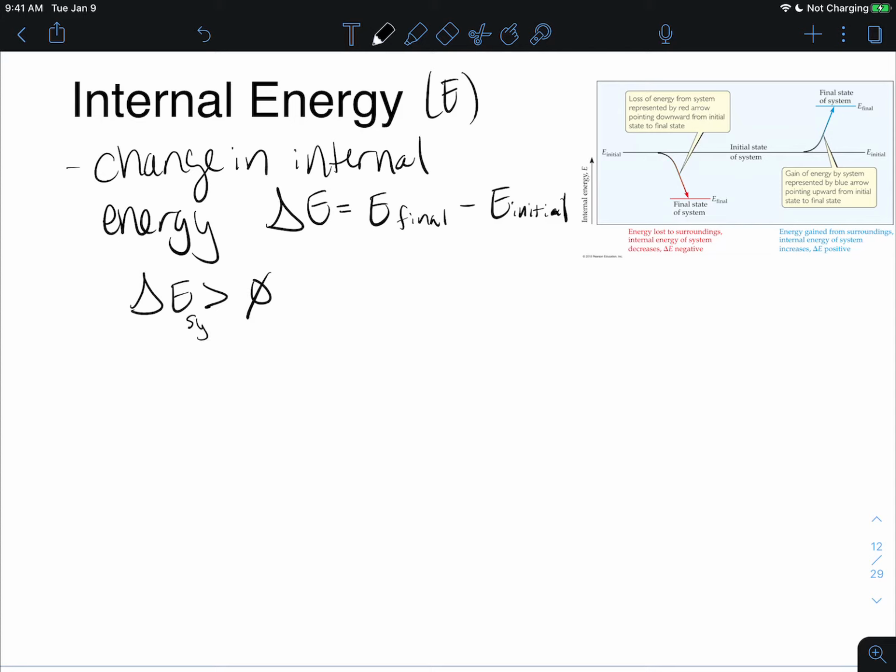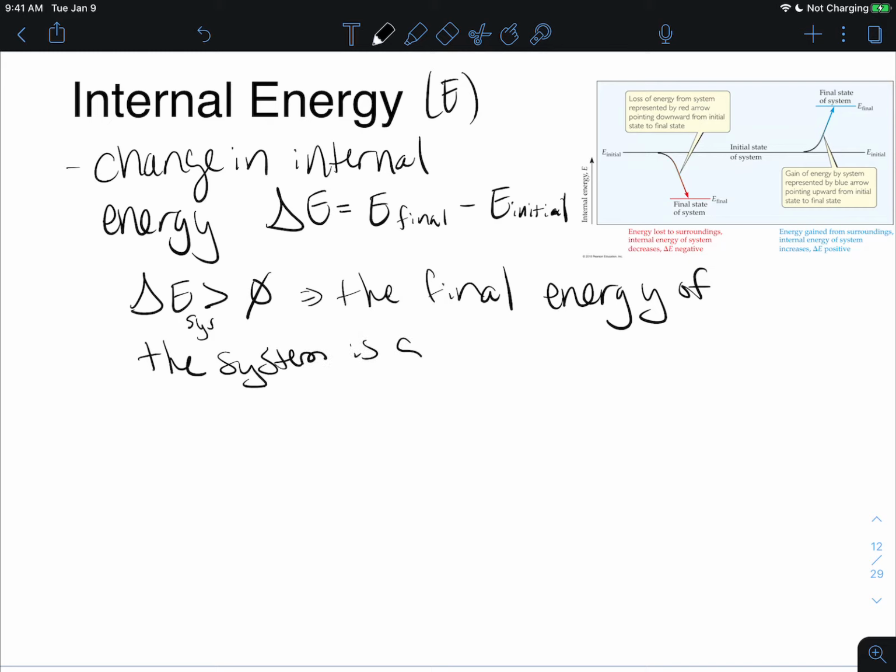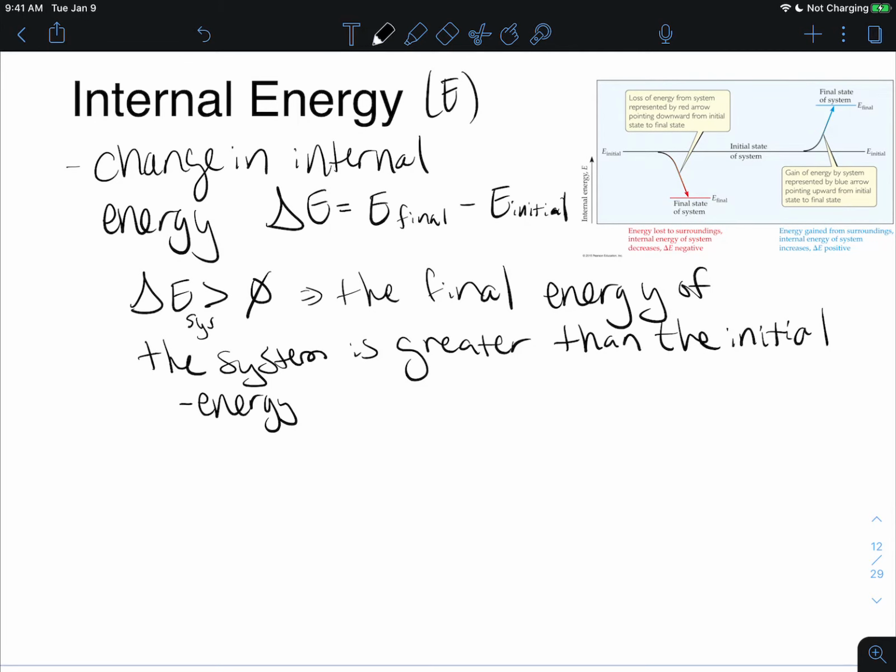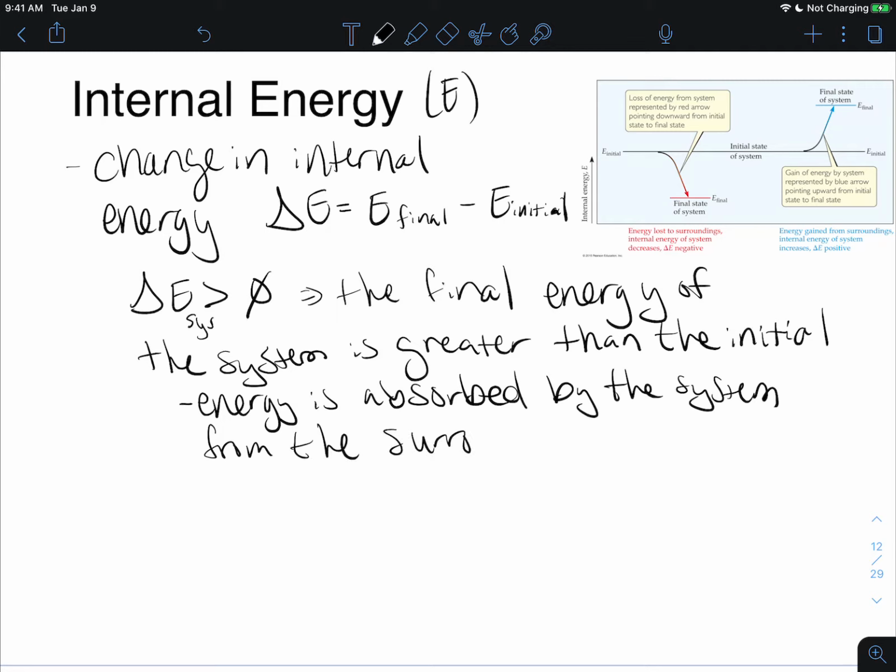So this is for a system. Therefore, energy has been absorbed by the system from the surroundings. Okay?